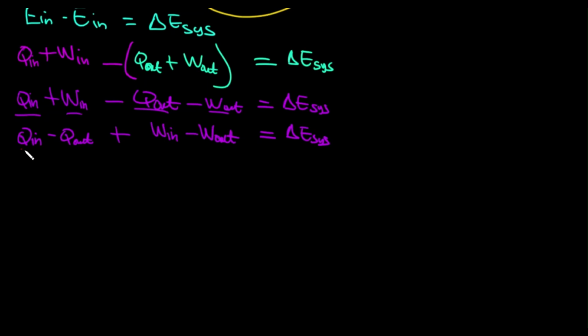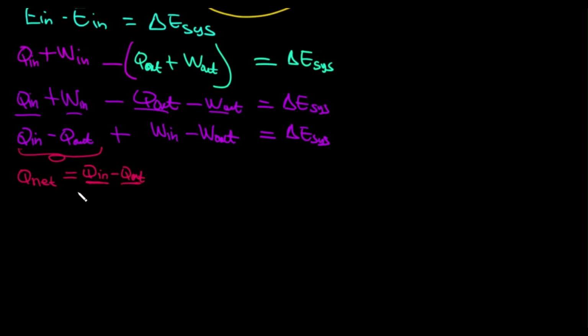This term here, we can define as Q net. So Q net means the difference of heat that is going in and heat that is leaving the system. So Q net is Q in minus Q out. In this case, Q in, heat being supplied, is greater than heat leaving.